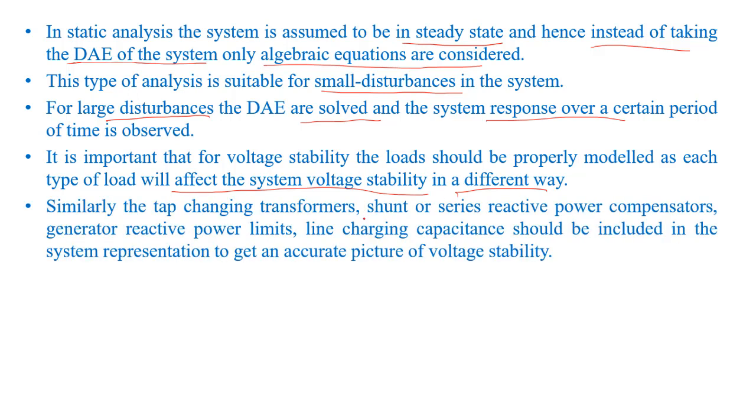Similarly, the tap changing transformers, shunt or series reactive power compensators, generator reactive power limits, and line charging capacitance should be included in the system representation because they all affect the voltage. Therefore, when modeling for voltage stability analysis, all these models should be considered very accurately to get an accurate picture of the voltage stability.